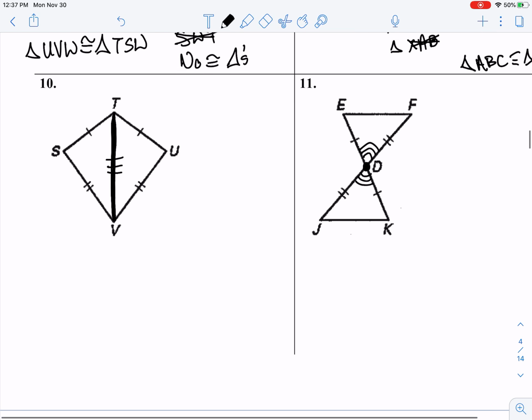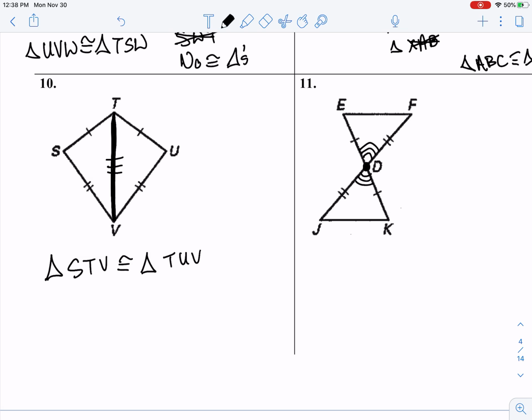Now, again, triangle STV is congruent to triangles TUV, UVT, or TVU. Okay. S to T has 1 mark.